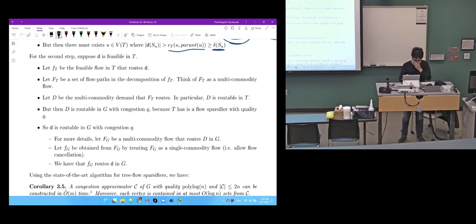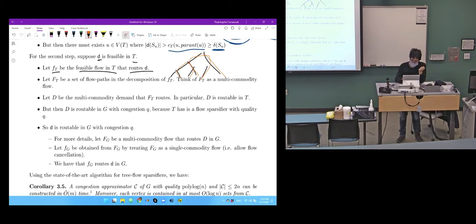Suppose that you know that you can route this single commodity demand D in the tree. Let's look at the feasible flow in T that routes D, that satisfies D. The flow might look like this plus this thing and so on.